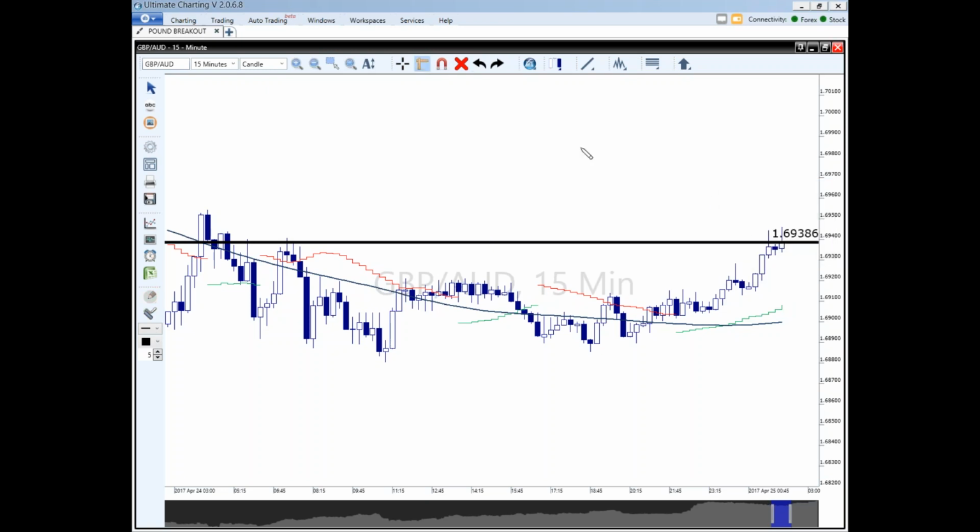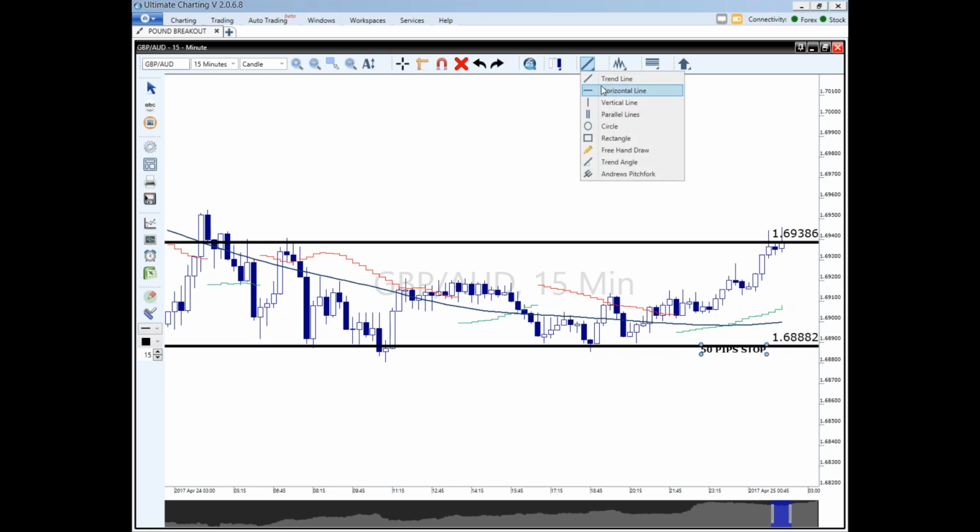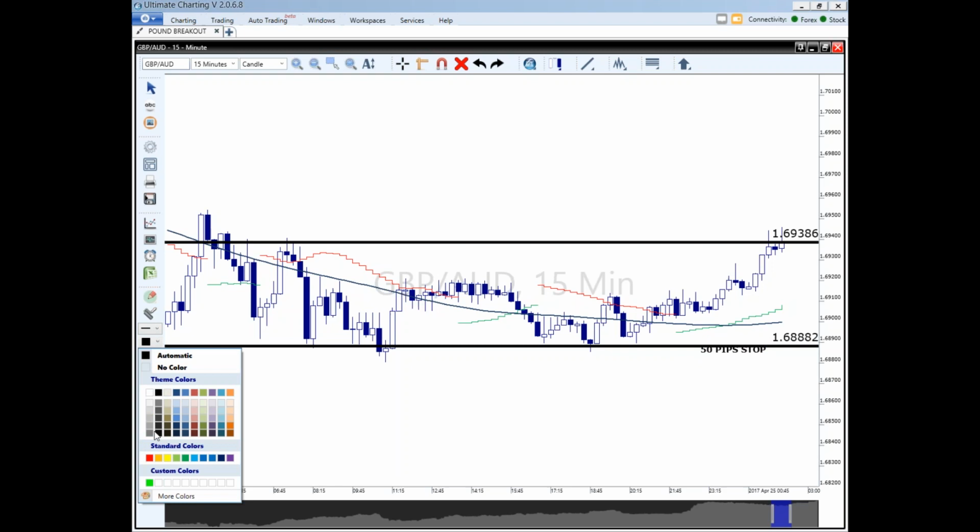Then we're going to place our stop loss 50 pips away from entry as our original stop loss. So 50 pips, 168.88. We have our entry, we have our stop loss, and now we're going to be setting our targets to go after in 20 pip increments.